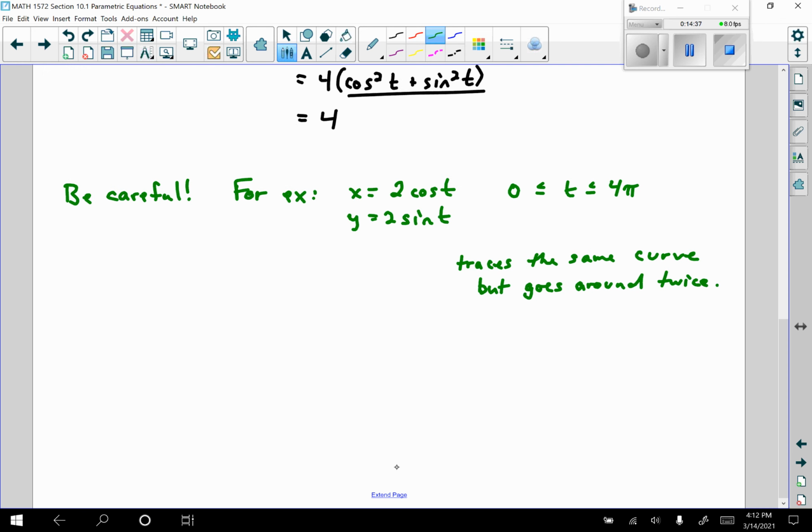So a curve can be defined by several different parameters, meaning we can have more than one correct answer.